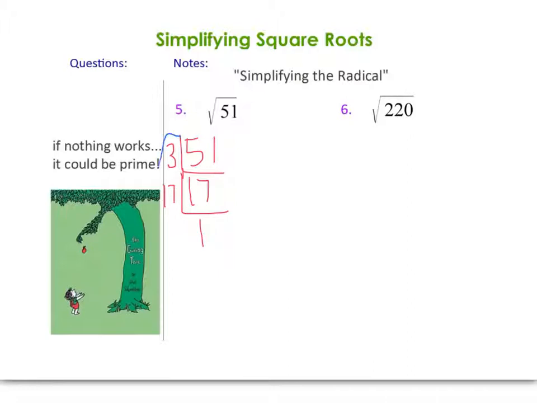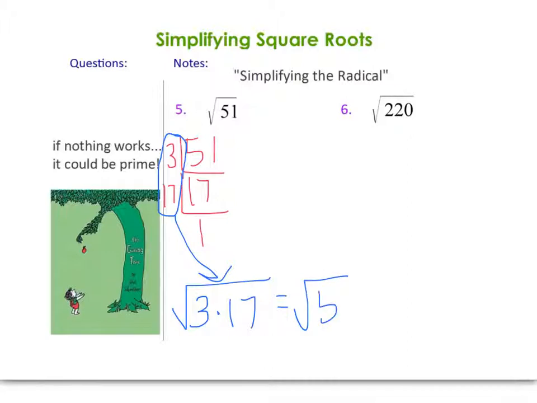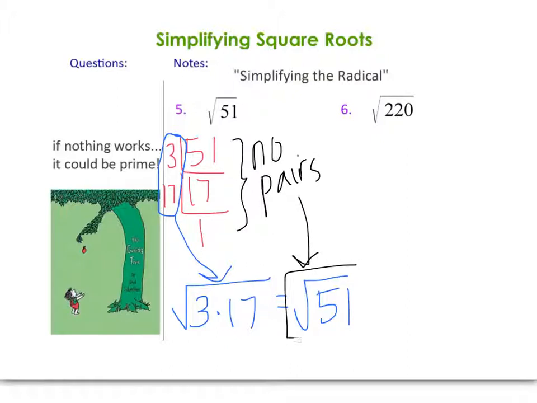Well, what if I don't have any pairs? Do I have any pairs? No. So my non-pairs stay on the inside of my radical. And that just leaves me with my starting answer. So sometimes you could do your tree and you could get no pairs, which leaves you with your starting question as your answer.